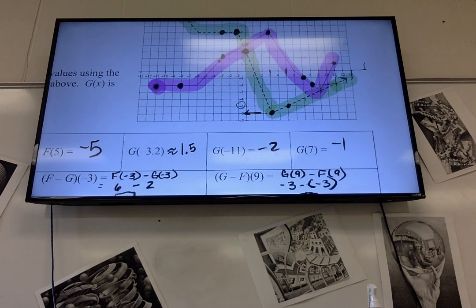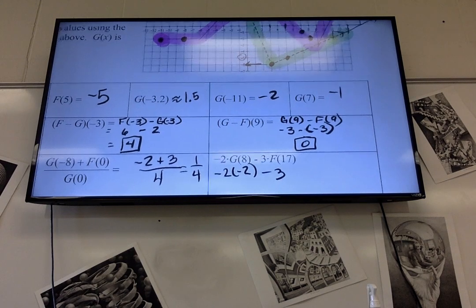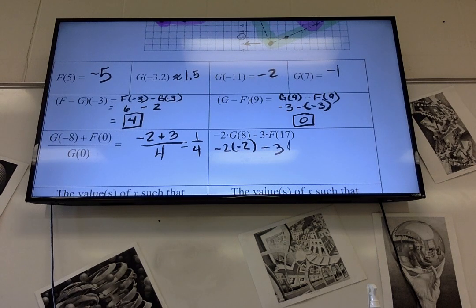Up 1 over 2, so at 17, it would be at 1. So that's 4 minus 3, which is 1. Even if it doesn't go all the way out, you can make it go all the way out so that you can see it. Questions on those?